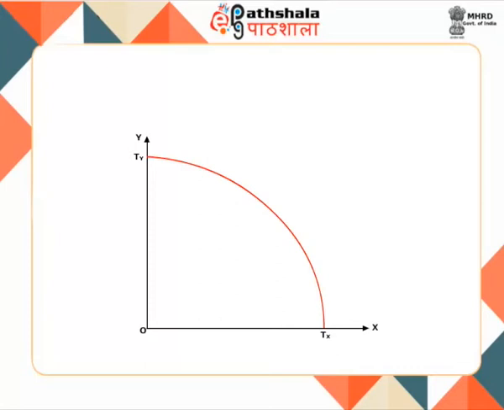Suppose that this economy produces OL units of X and OM units of Y, given by point N on the transformation curve or production possibility curve.